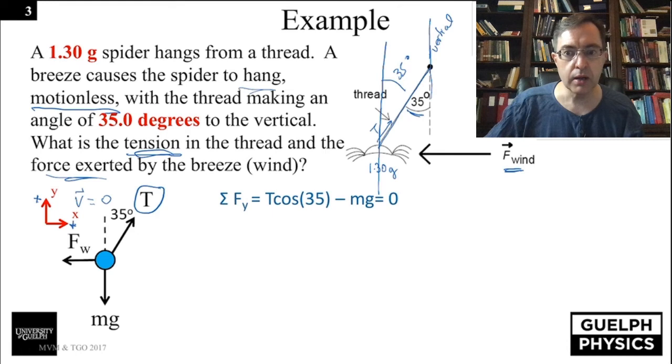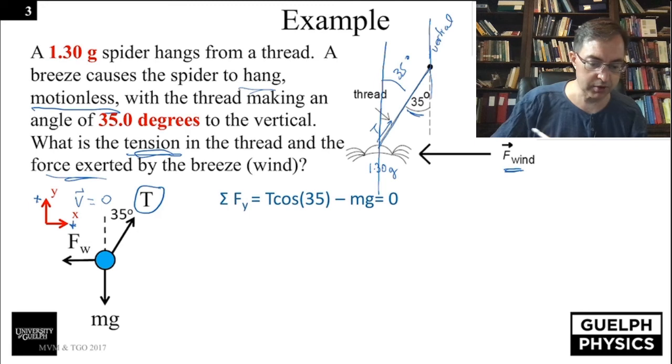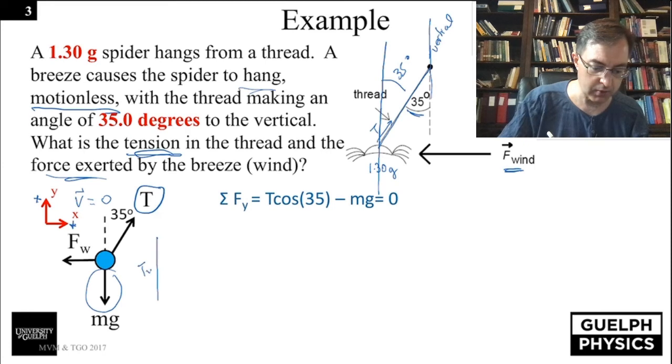So starting along y, we get that the force along y consists of two parts, mg and the y component of tension. So if I write the y component of tension, Ty, and this is T, okay, and this is 35 degrees.